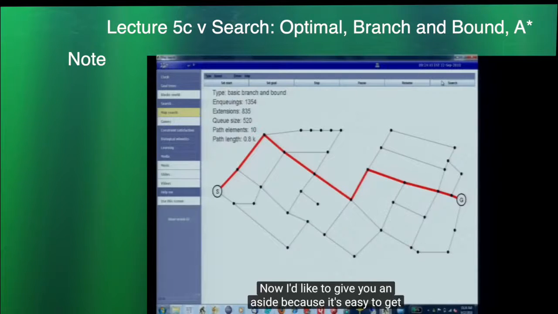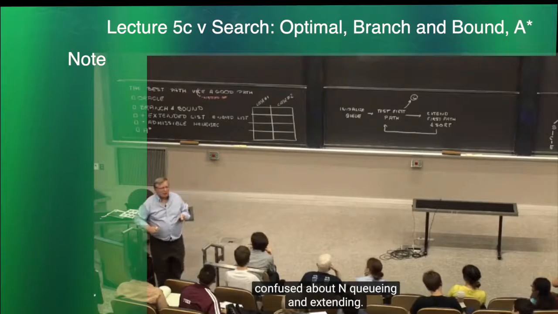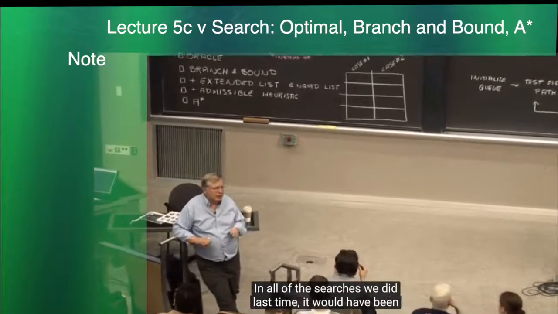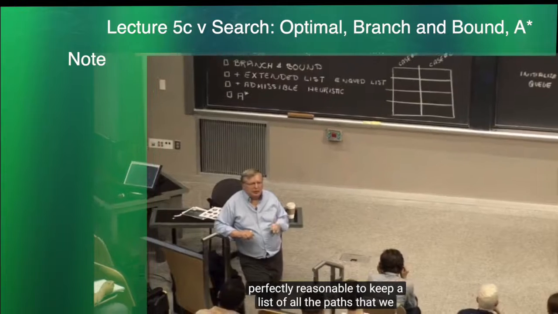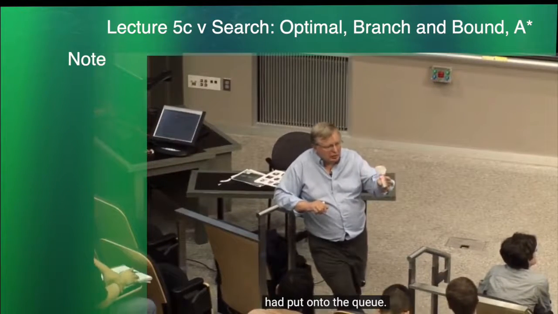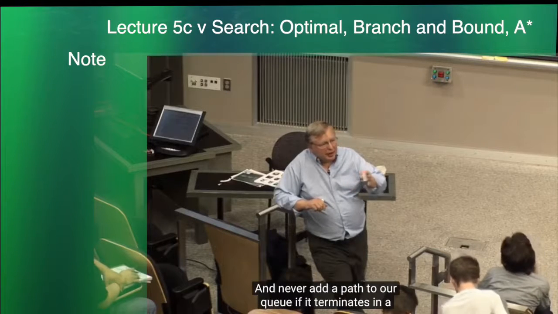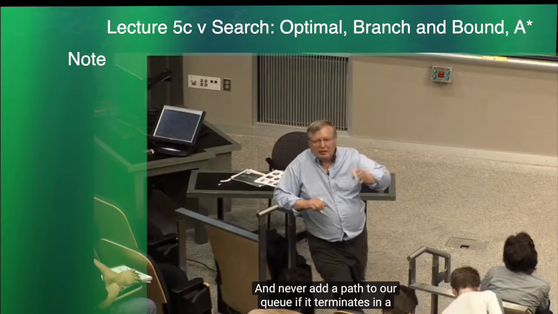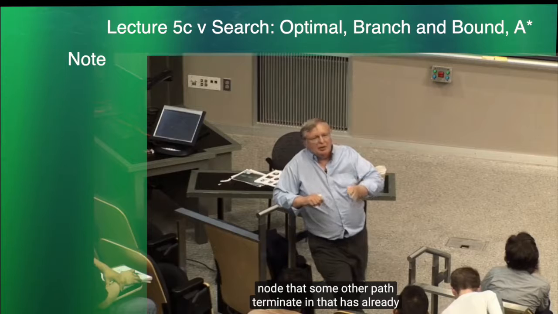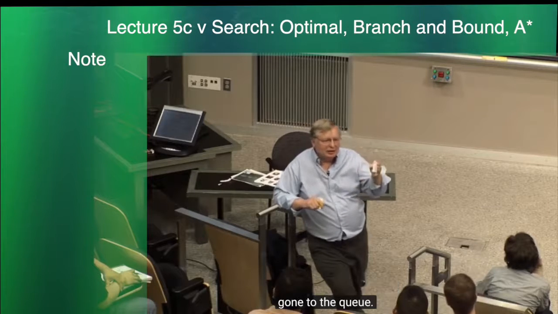Now, I'd like to give you an aside, because it's easy to get confused about enqueuing and extending. In all of the searches we did last time, it would have been perfectly reasonable to keep a list of all of the paths that we had put onto the Q, an enqueuing list, and never add a path to our Q if it terminates in a node that some other path that has already gone onto the Q terminates in.